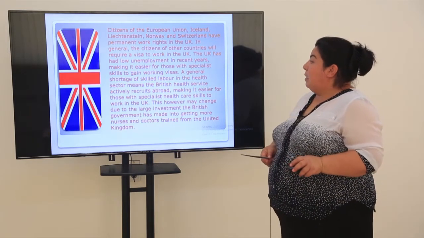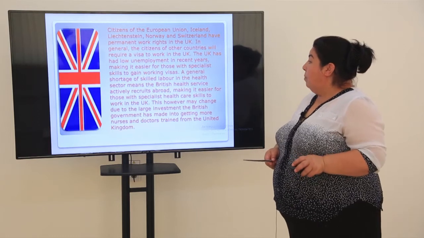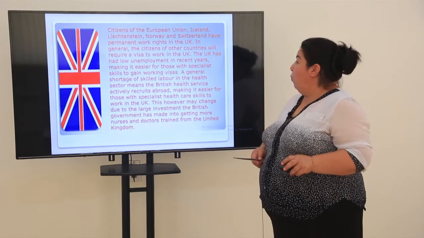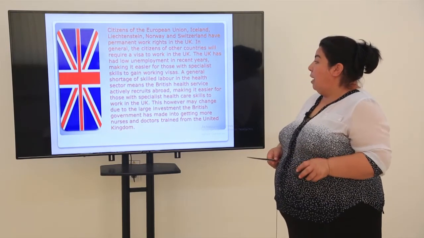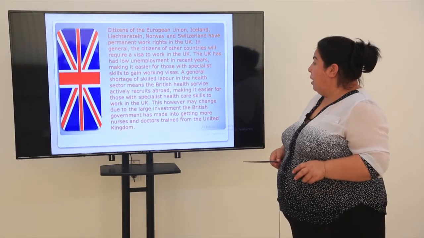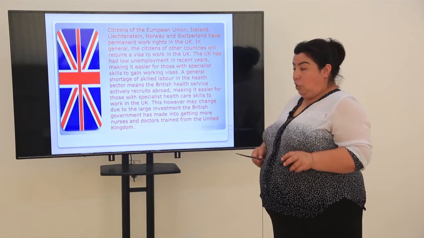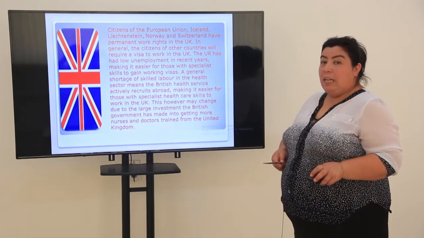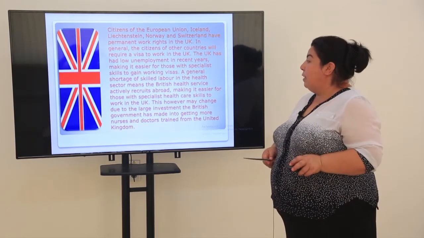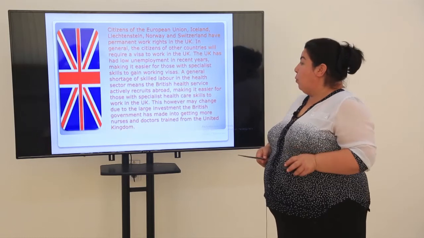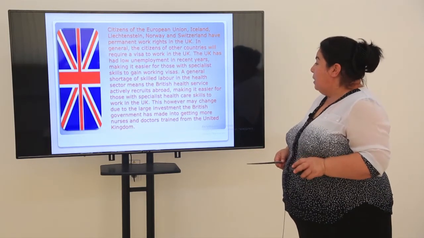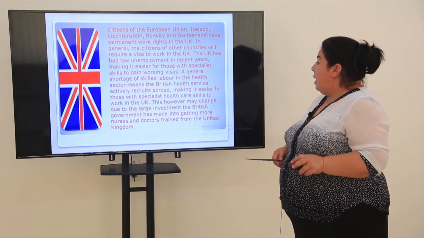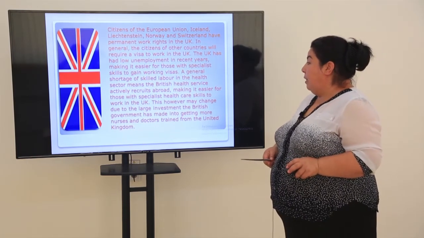The United Kingdom has had low unemployment in recent years, making it easier for those with specialist skills to gain working visas. A general shortage of skilled labor in the health sector means the British Health Service actively recruits abroad, making it easier for those with specialist health care skills to work in the United Kingdom.